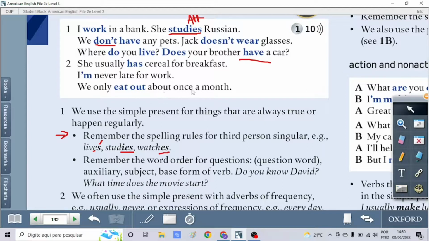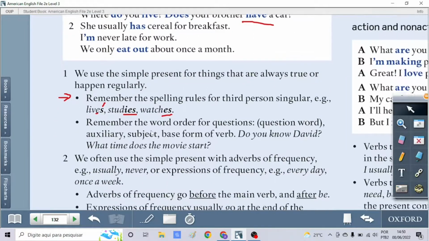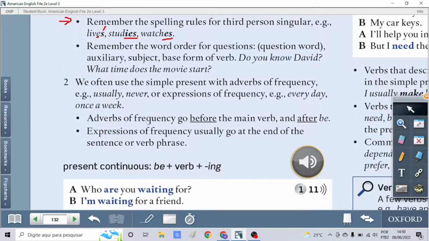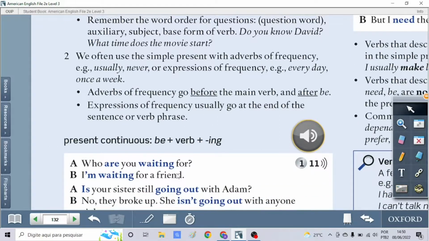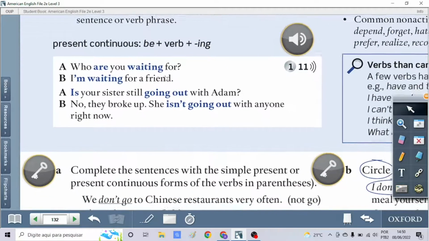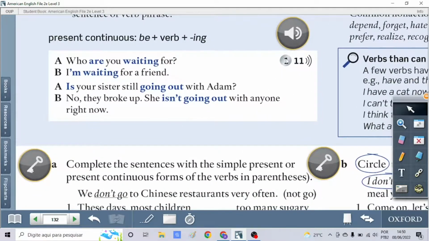Now for the expression of frequency, we usually use them at the end or in the beginning of the sentences, but never between the verb, okay? Adverbs of frequency, that's it. So this is about the simple present. Now, let's review the present continuous.